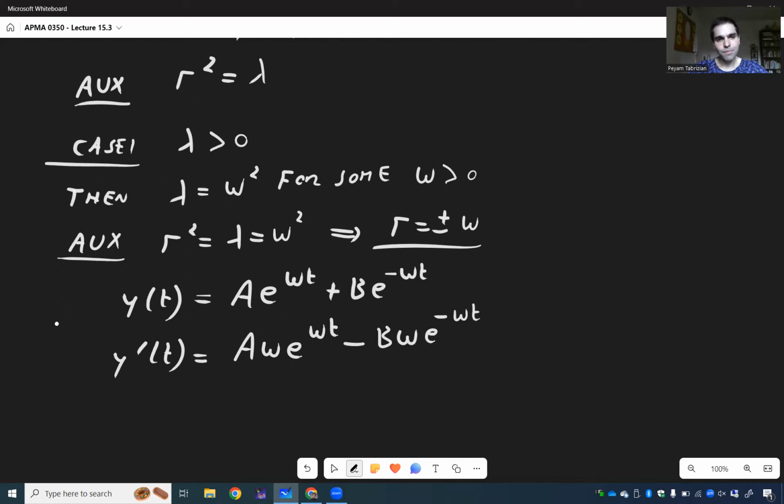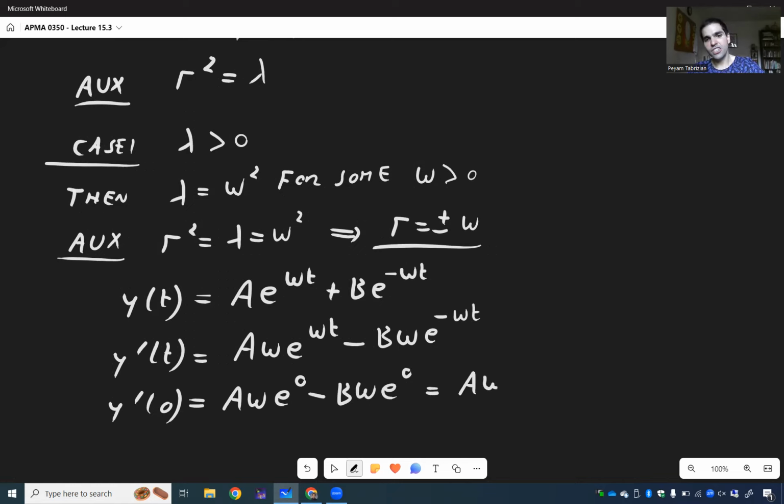And y prime of 0 is a omega e to the 0 minus b omega e to the 0. But remember, y prime of 0 is 0. So a omega minus b omega is 0. So a omega equals b omega.